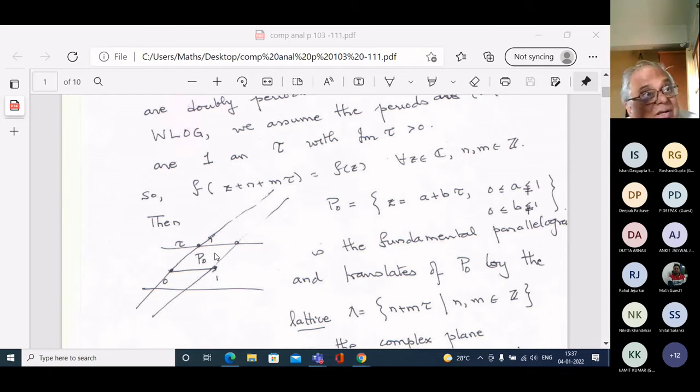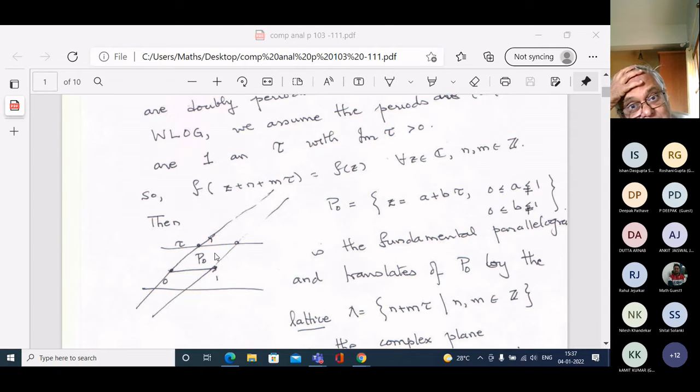If omega 1 is a real multiple of omega 2 that is an irrational multiple, not a rational number, then you will get that there's a dense set of points on which the function is the same, and therefore f must be a constant.